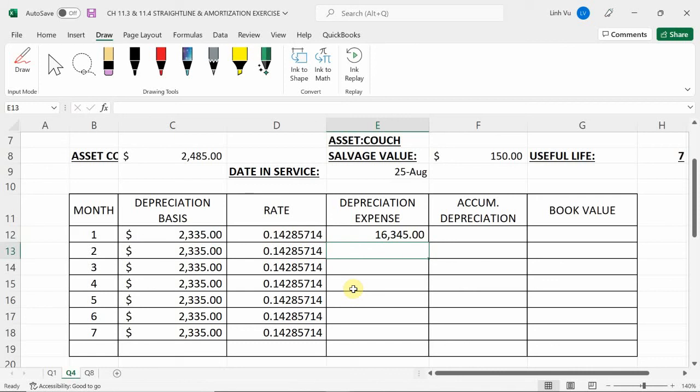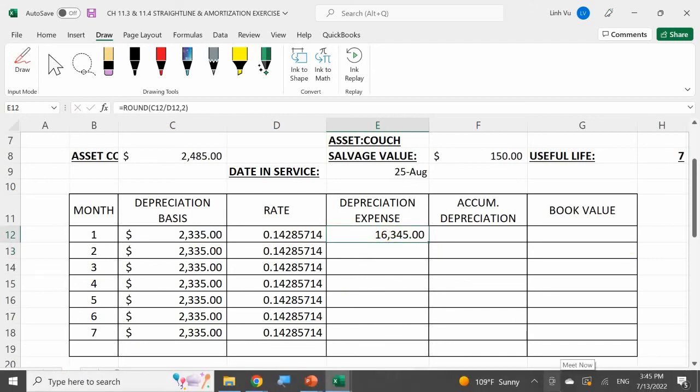No, because the number is way too big. It's way over the depreciation basis. Actually, hold on. Let's do that again. So we got 2,335, and we're multiplying it by the 14%. Shouldn't give you 16. Should give you $333.57.